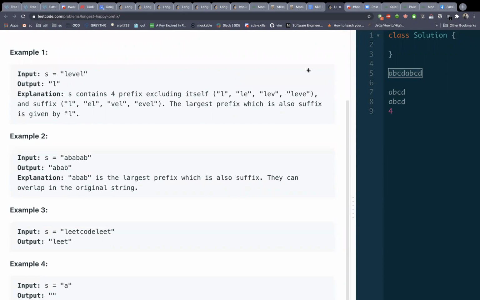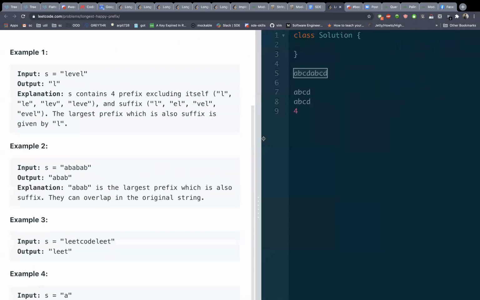Yeah. So now how to solve this problem? So one approach is the simple brute force approach. What we can do is we can check every prefix and check whether it's a suffix or not. So for example, this example LeetCode that we have. So what are all the prefixes of LeetCode?